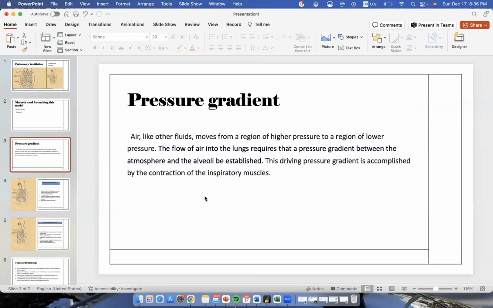It moves from the area of higher pressure to the area of lower pressure. And the flow of air into or out of the lungs requires that a pressure gradient exists, and that is the difference between the atmospheric pressure and the alveolar pressure inside of the lungs.